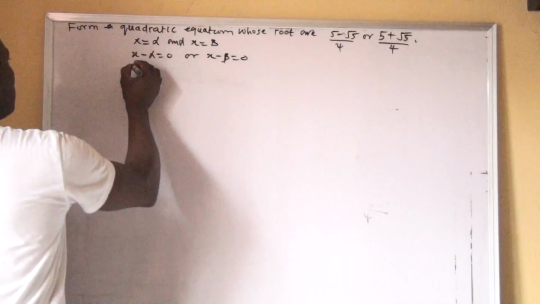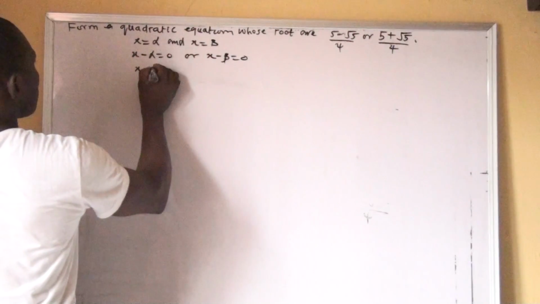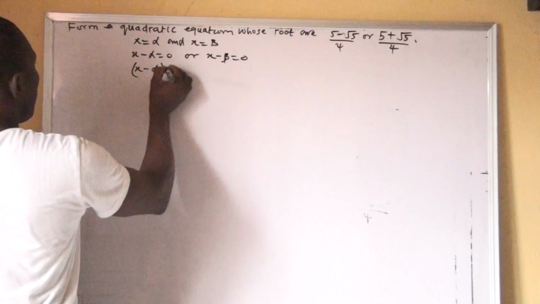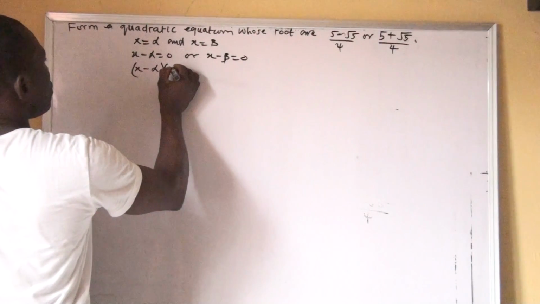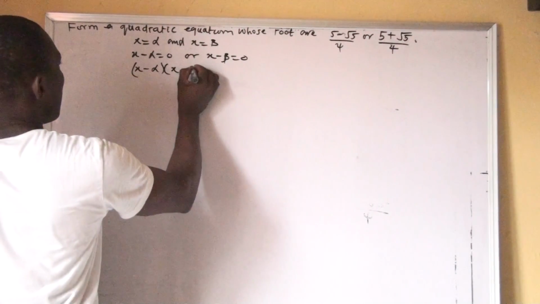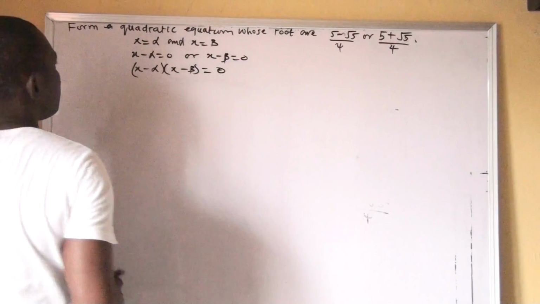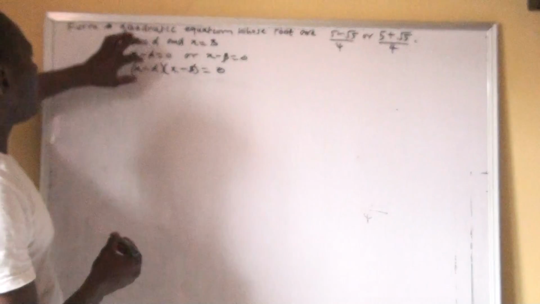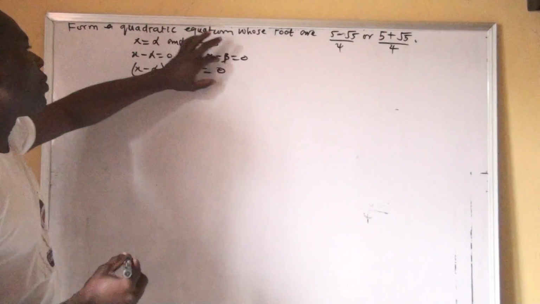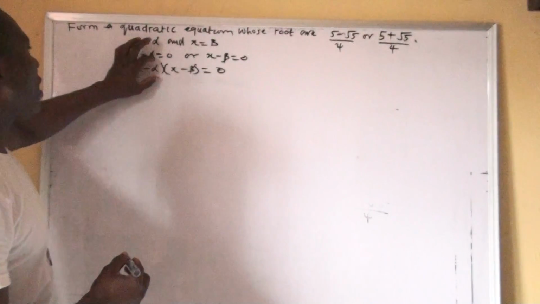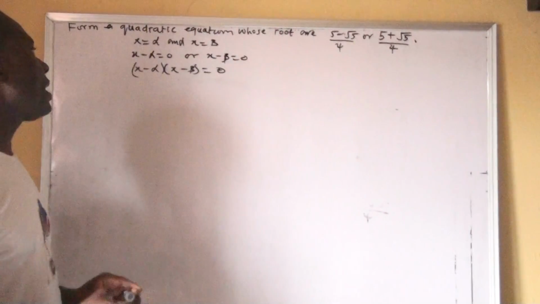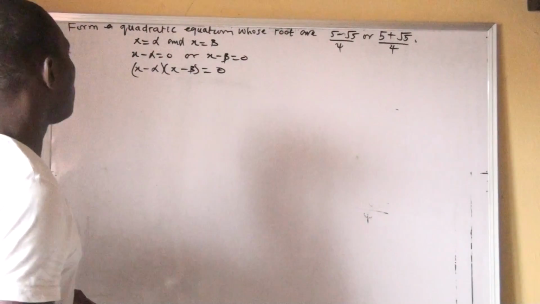So in this case, we say (x minus alpha)(x minus beta) equals 0. So we are saying either this times this equals 0. That means either x minus alpha equals 0 or x minus beta equals 0.